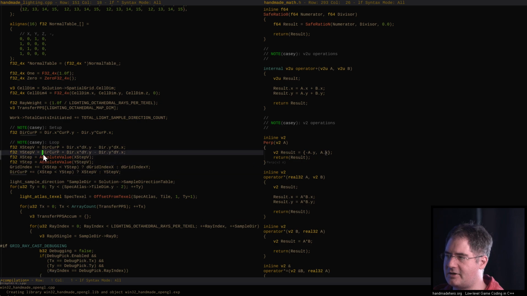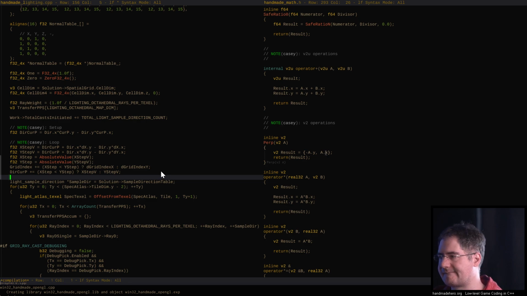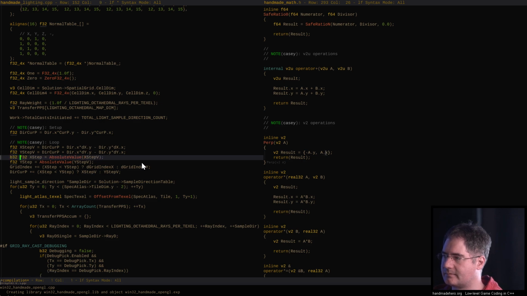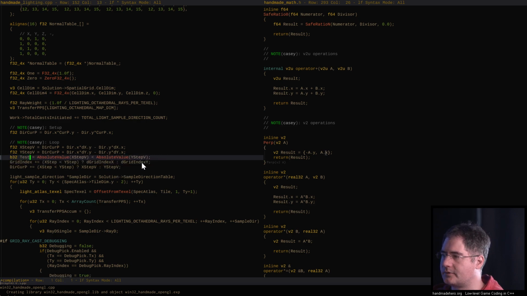And then from then on, you are only computing these two values and keeping one of them. I think. Right?